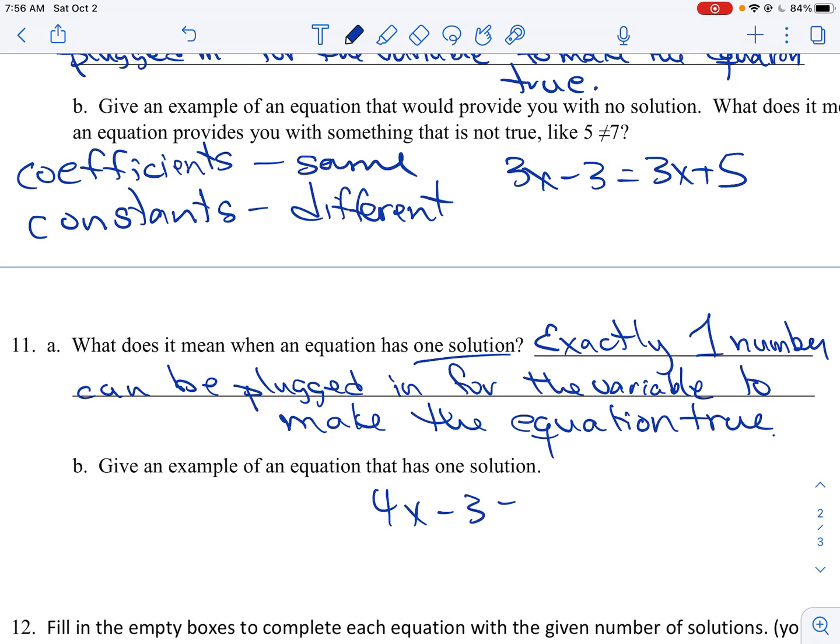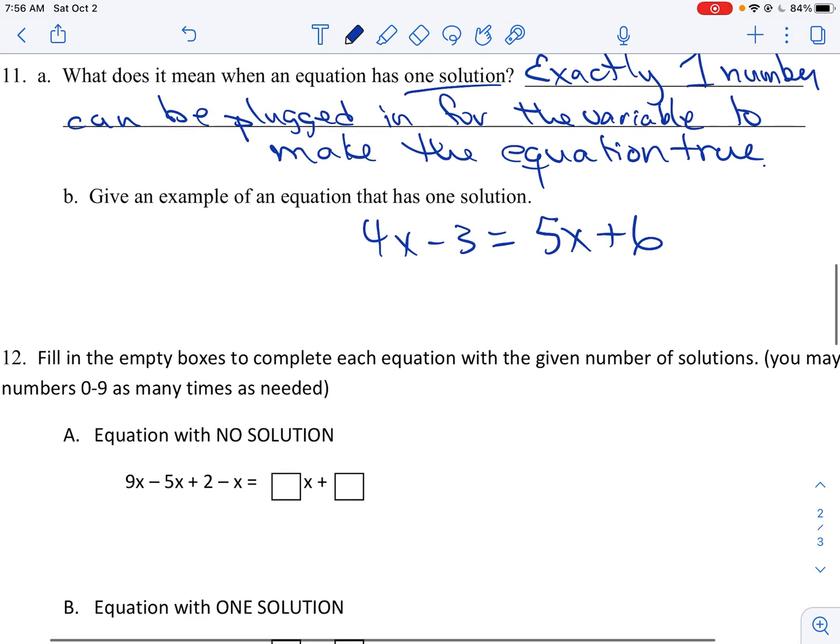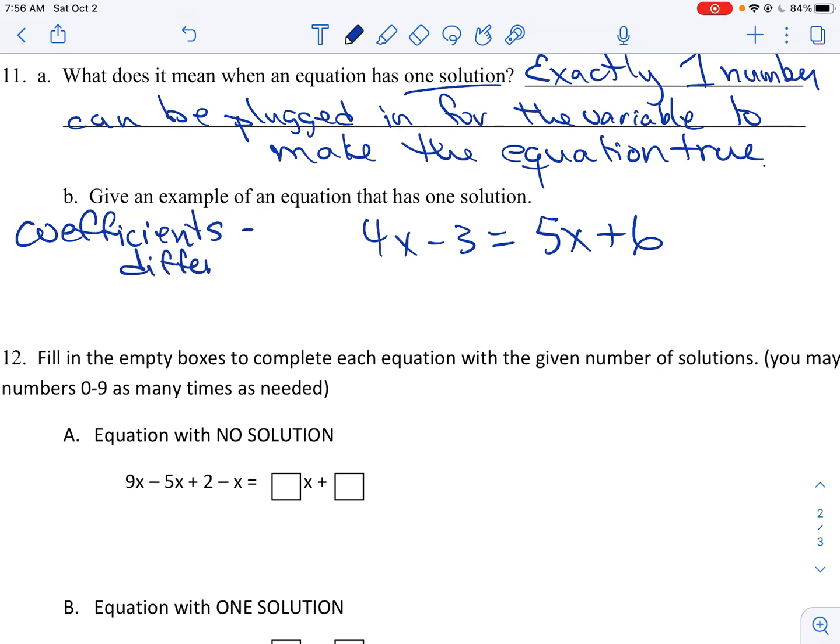So 4x minus 3 equals 5x plus 6. Okay. The coefficients are different. The constants can actually be anything.